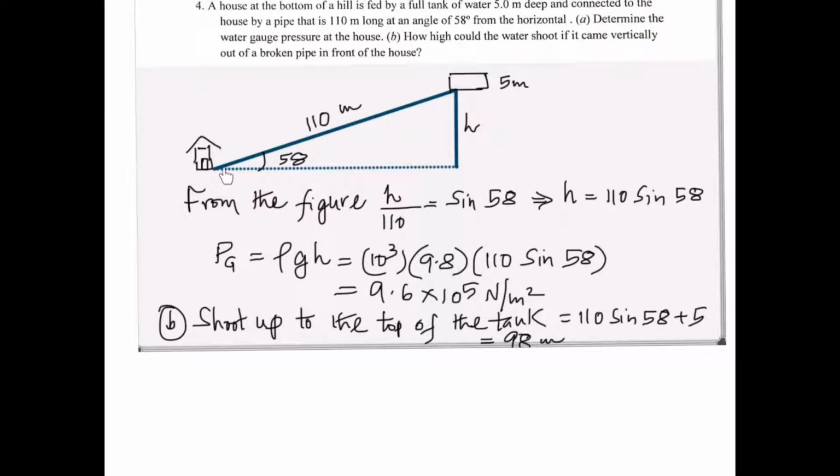So if a pipe here breaks, the water is going to shoot up by that much, exactly that same height. So the exact height is 110 sine 58 plus 5. That is how we do it.